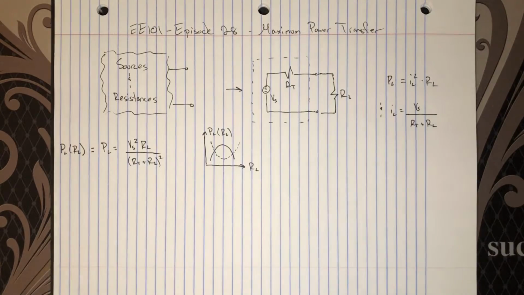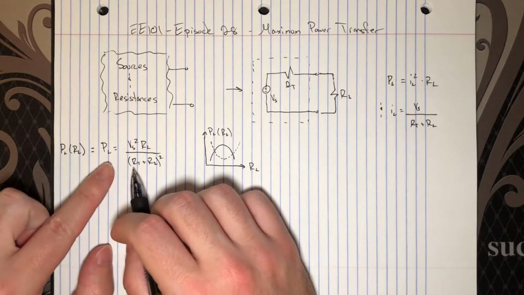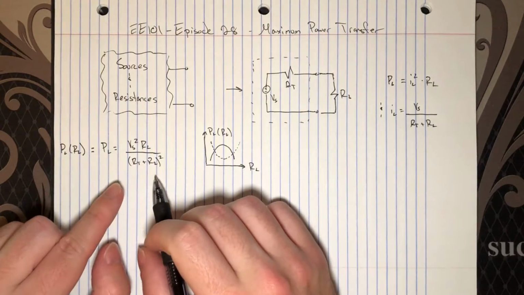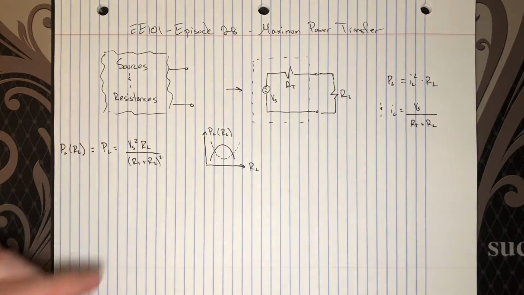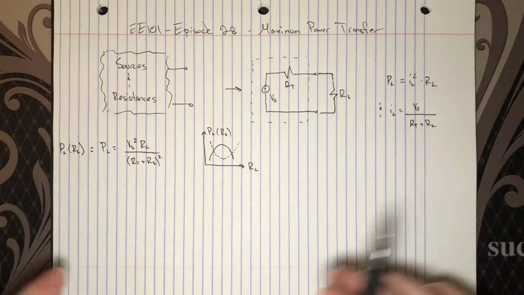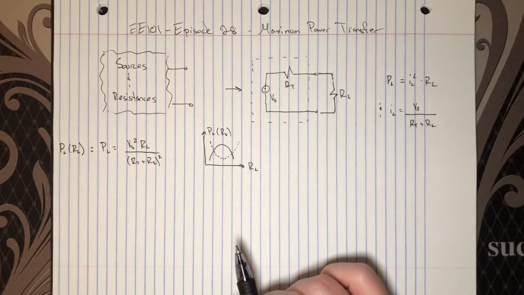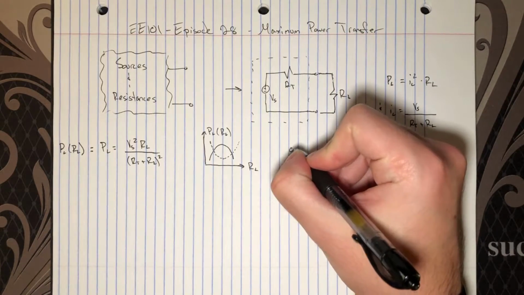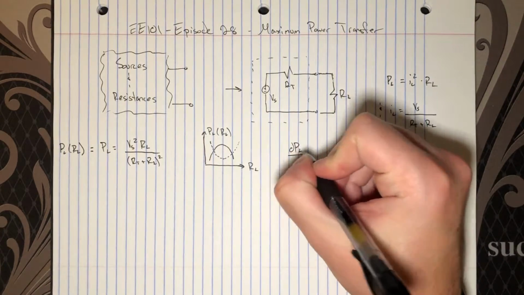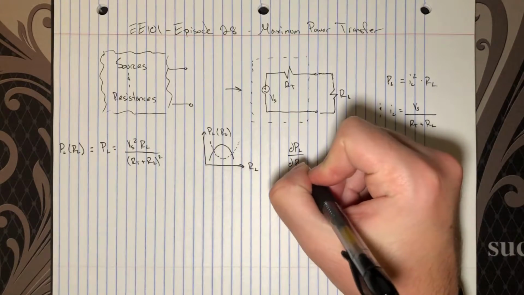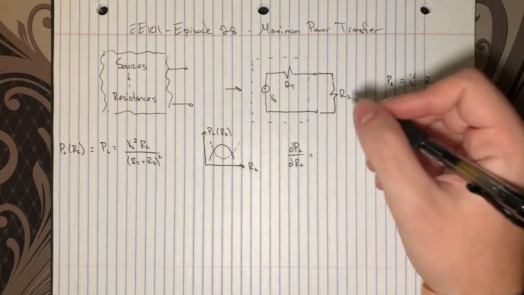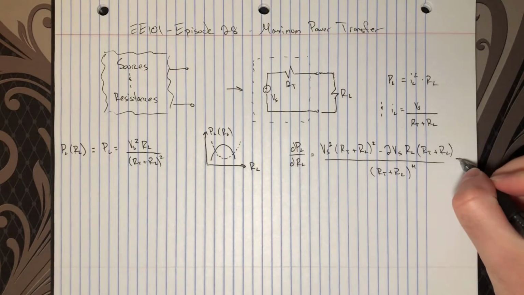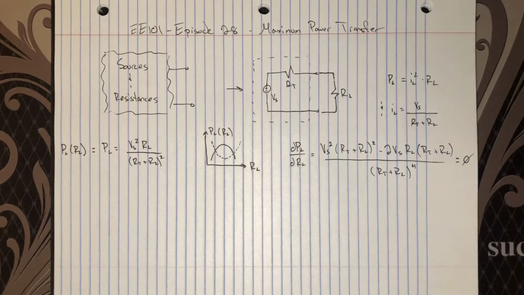Anyway, let's carry on. What I'm going to do is take a derivative of this function, set it equal to 0, and then find the load resistance that satisfies that condition. And we will have our load resistance that gives the maximum PL. So let me quickly take the derivative. Let's see, the derivative of the load power with respect to RL equals all this here. And we set it equal to 0.